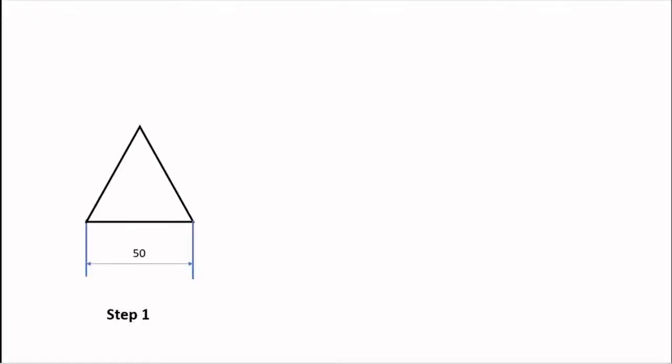We start by drawing the reference figure. So the reference figure is an equilateral triangle of side 50 mm. We find the medians and the intersection. A median is a line which joins the midpoint of one of the sides with the opposite corner, and the intersection of two such medians gives us the centroid, which is depicted by this red dot.